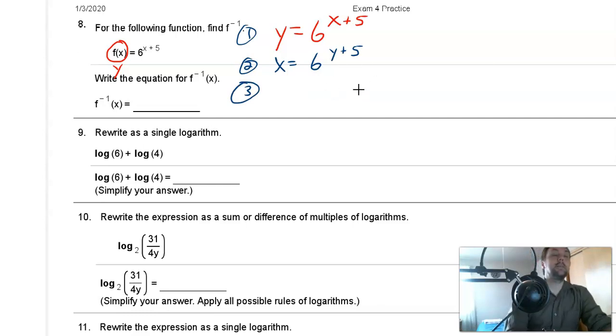We talked about in section 4.2 one way of doing that, and the way you want to use here is to convert this to logarithmic form. If you're trying to solve for a variable that's stuck in the exponent, convert it to logarithmic form. That will bring it down out of the exponent. The way you convert this to logarithmic form is you start by writing log. The base is the base, so the base is 6 for the exponent.